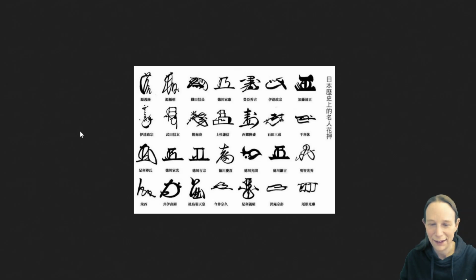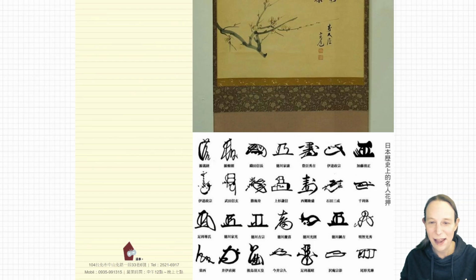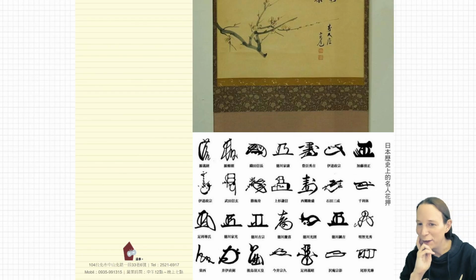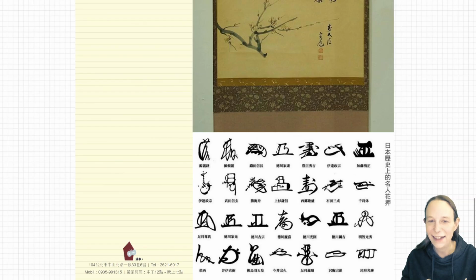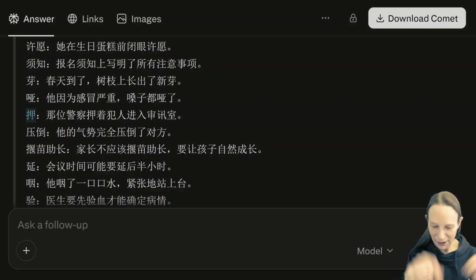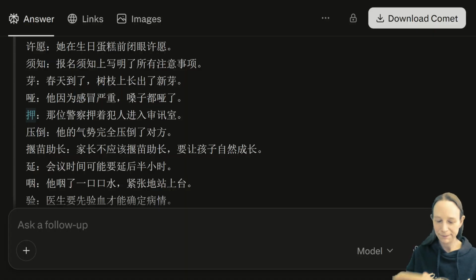Okay. So maybe next time someone asks me to 签名, sign something, I should ask for 画押? I don't know. Because this resembles my signature more than 签名. Anyway, that was the first one.